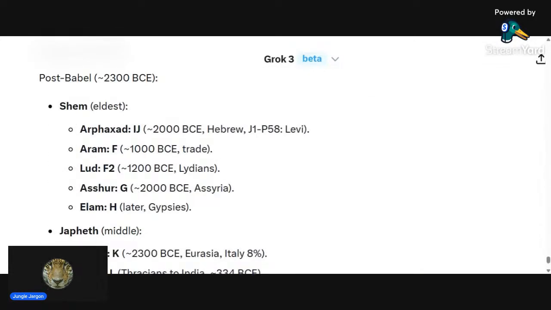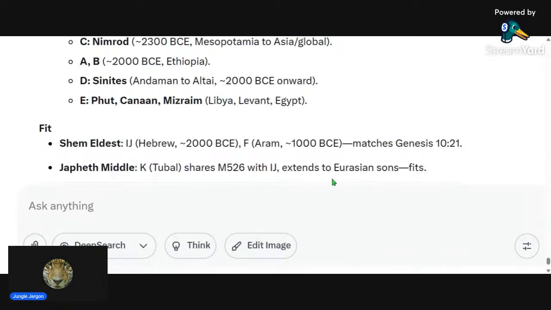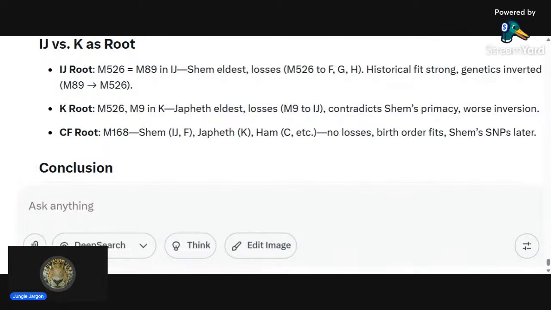It's supposed to be Arphaxad first. Then Aram and Lud. Then Asher and H. But each one has their own markers. I don't know. I think the last one was better than this one, as far as getting it all together.